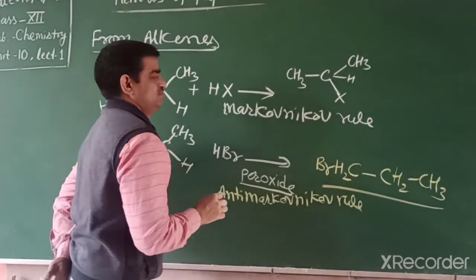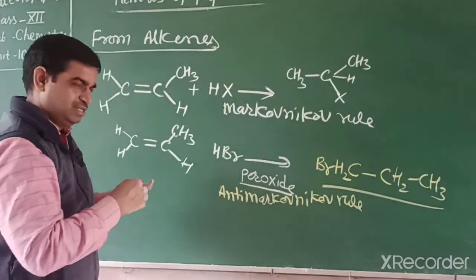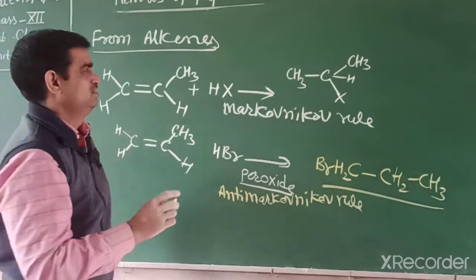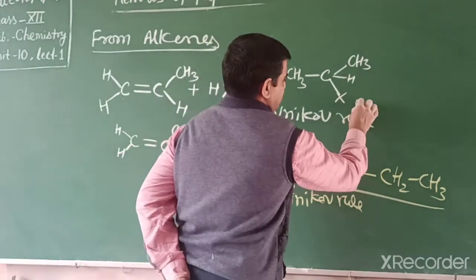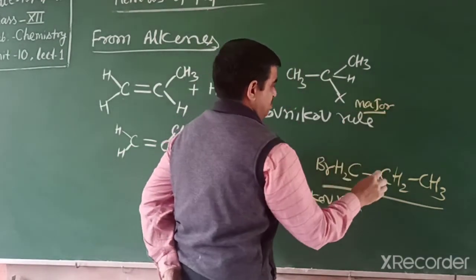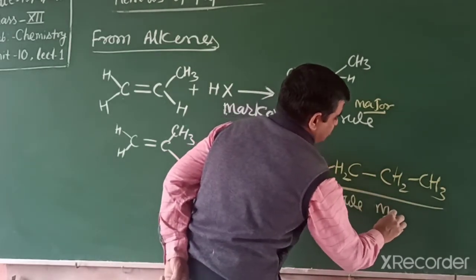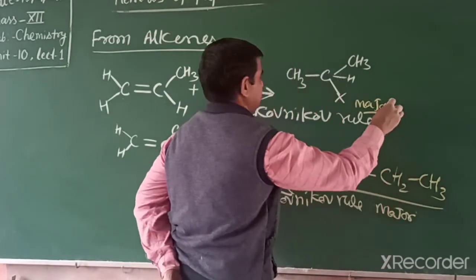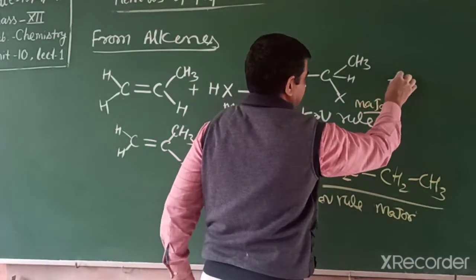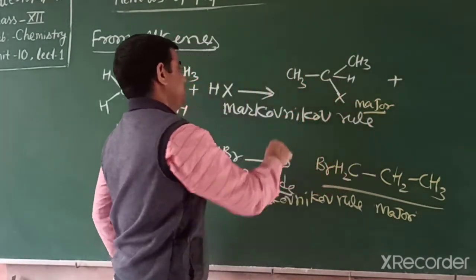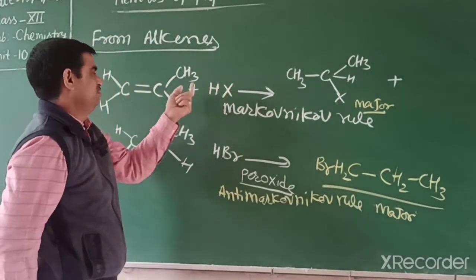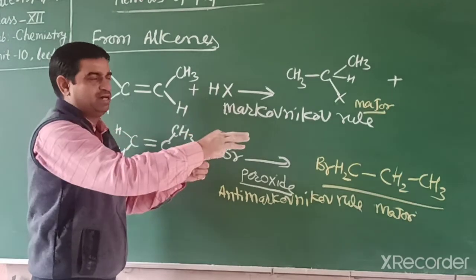This one is the major product. We also get a minor product. In this reaction we get major and minor products. But the halogen atom is attached to the carbon having lesser hydrogen in Markovnikov rule, and more hydrogen in anti-Markovnikov rule.